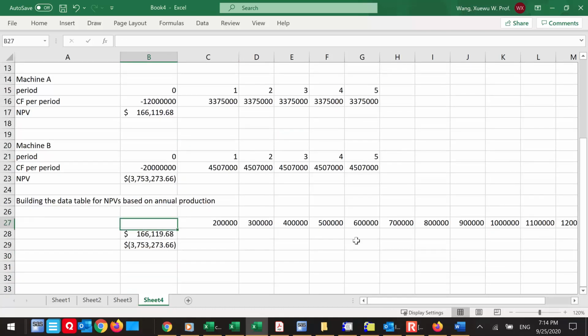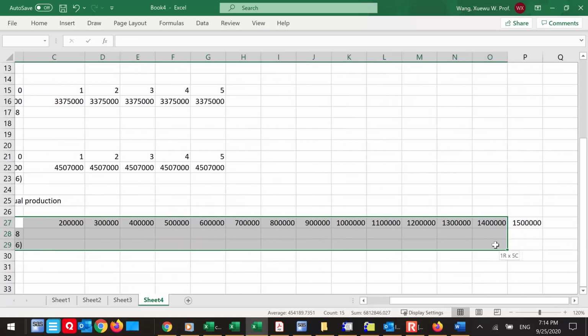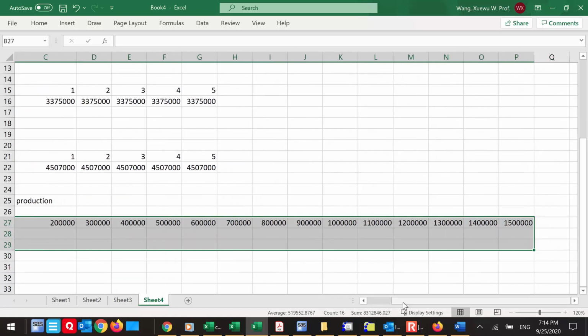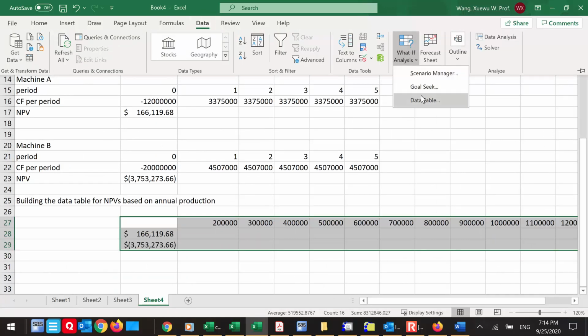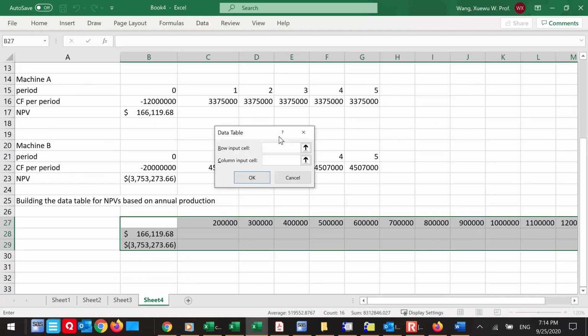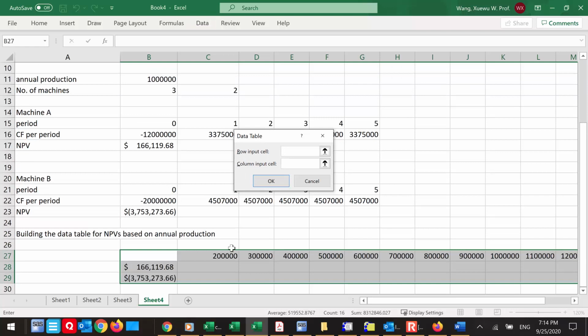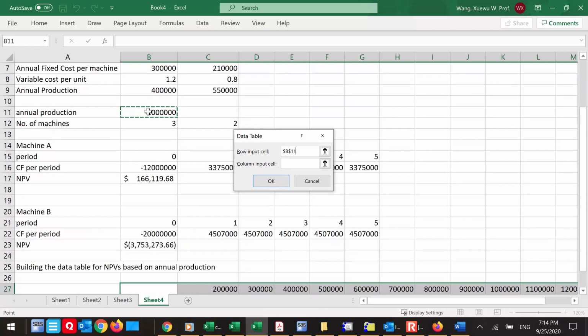So let's see whether we can actually get this done. Okay, so I'm going to highlight everything, and I'm going to go with Data, What-If, Data Table, and my row input cell is the number of units or the annual production. That's the number I use when I build my NPV calculation.